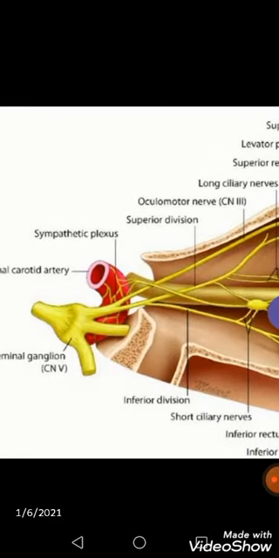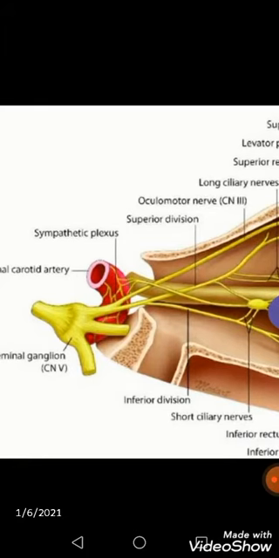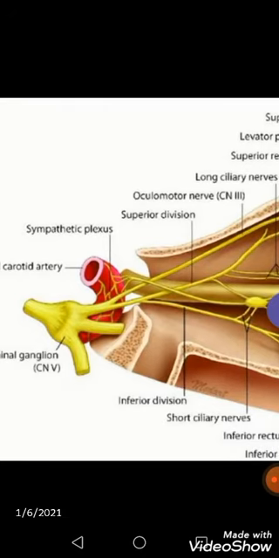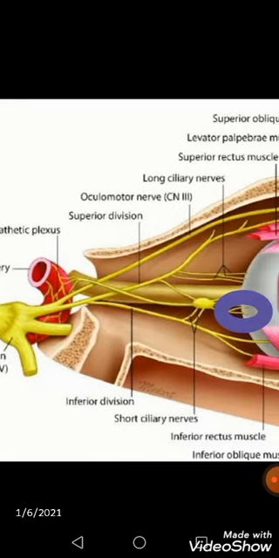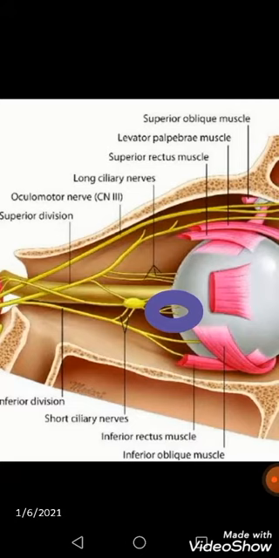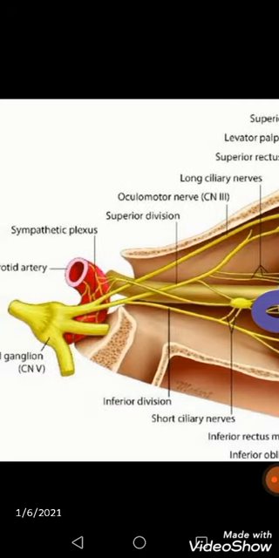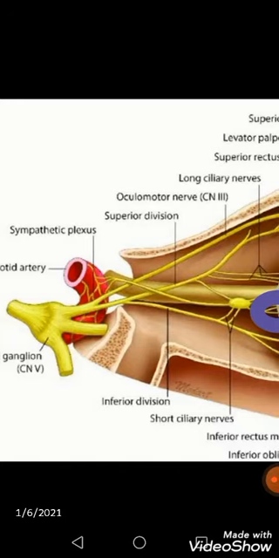And from here, what is going to happen is that it will give rise to the nasociliary nerve, taking sensory fibers in it. What they do, sensory fibers from your eyeball reach back into the ciliary ganglion and are carried through the nasociliary nerve up to the final destination, the trigeminal nerve, to reach towards your brain.